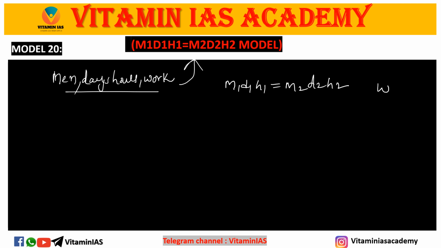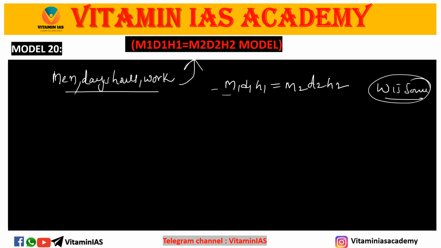Whenever the question gives only man and days, there is no need to add H because they are not giving any data for it. When the work is given, what is the formula?